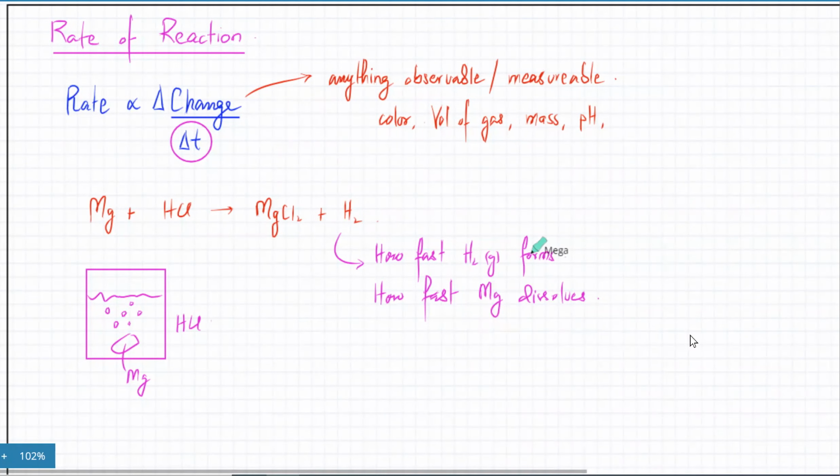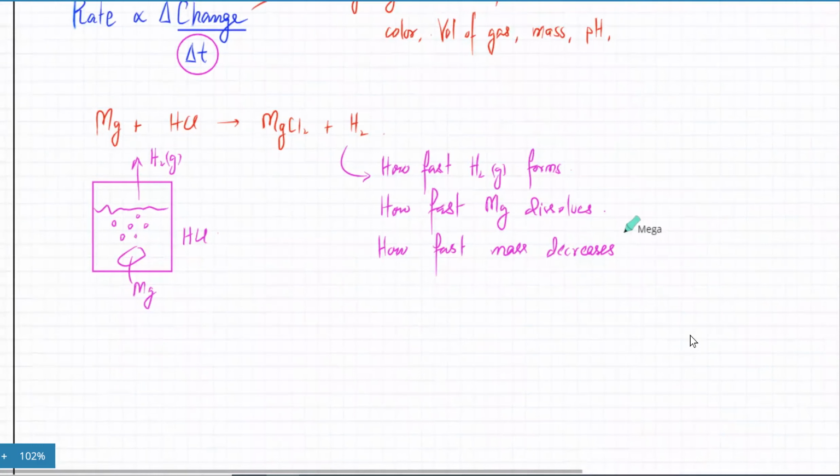Mass would be lost, so you can measure how fast the mass is decreasing. The reason mass is decreasing is because the H2 gas is going to escape. So remember, it could be anything that is observable or measurable, and you can measure it with respect to time. Now the change that's happening could be an increasing change, or a decreasing change.